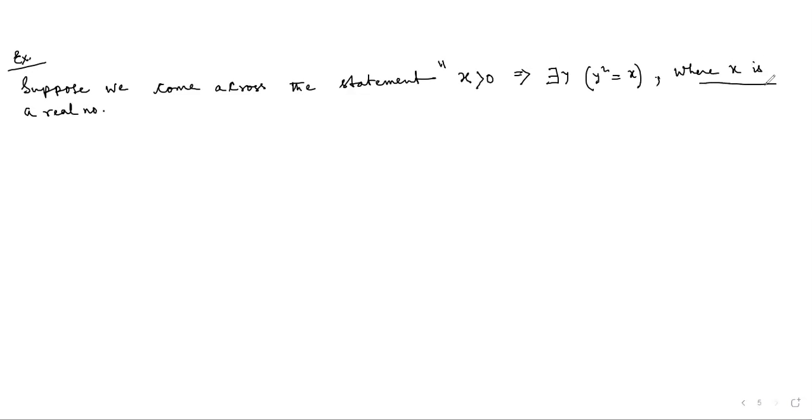So the context is clear. x is a real number, or to be more specific, x is a real variable.